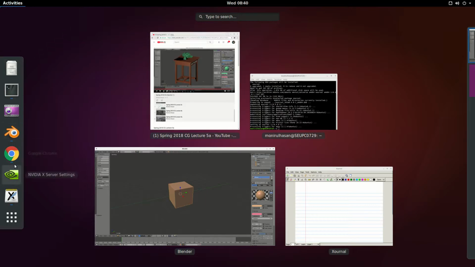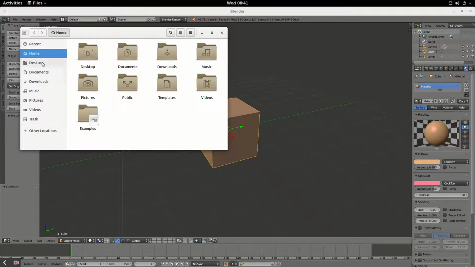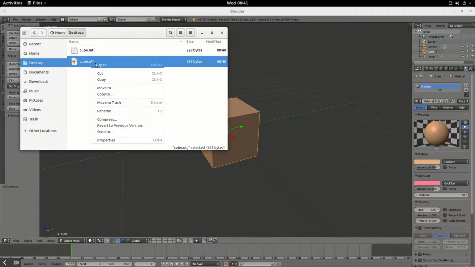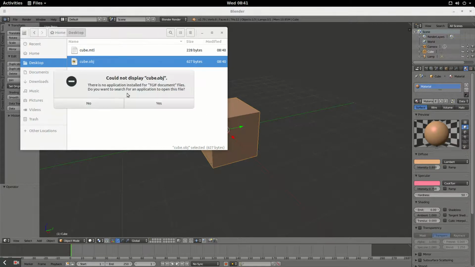And in doing so, where is this? It should be on my desktop. We got two files, one OBJ file.